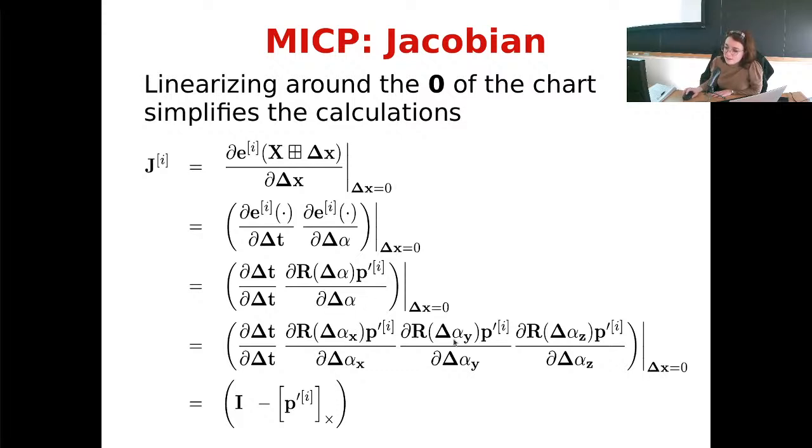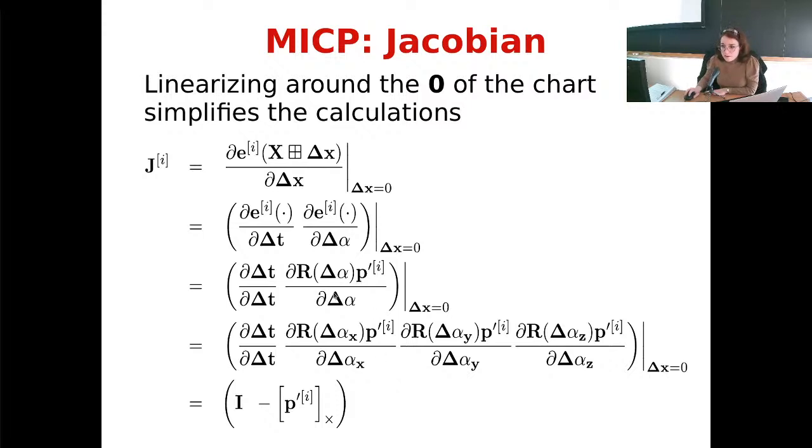What you say is that R delta alpha y and R delta alpha z do not depend on delta alpha x, so that the derivative of R delta alpha with respect to delta alpha x is indeed the derivative of R delta alpha x times pi prime with respect to delta alpha x.